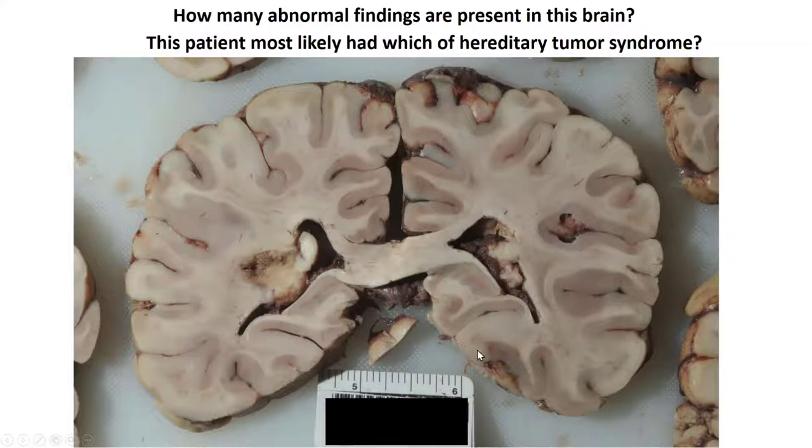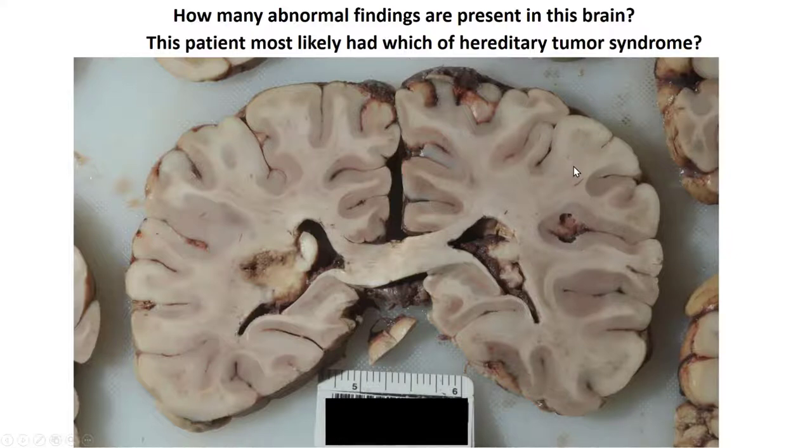So this area, like right here, and also this area up here, we see the gray matter just kind of go away, and it's replaced by this white looking tissue that looks very similar to the white matter. The reason for that is that this is a very disorganized region of brain tissue.